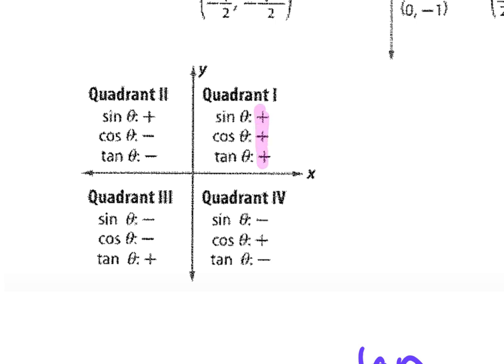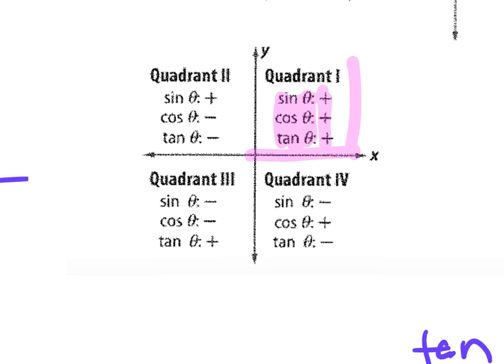So if you notice, all of the trig functions are positive in quadrant 1, and that should make sense to you because if you think about it, we're going right, which is positive, and up, which is positive, okay? Whereas in quadrant 2 and in the other quadrants, there's only one trig function that's positive. The other 2 are negative.